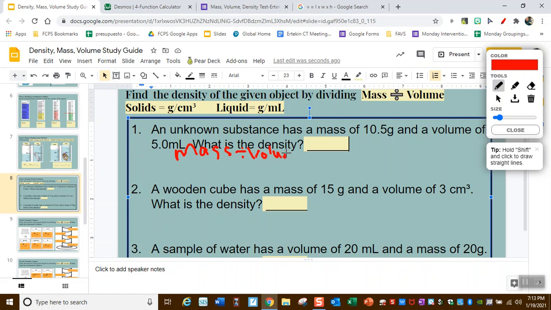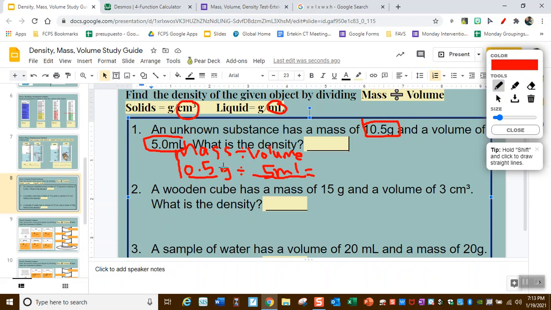Okay, remember, mass is always in grams, and then volume can either be in centimeters cubed if it's a solid, or milliliters if it's a liquid, okay? So in this problem, we have 10.5 grams, so let's write that here, 10.5 grams divided by the volume of 5 milliliters.